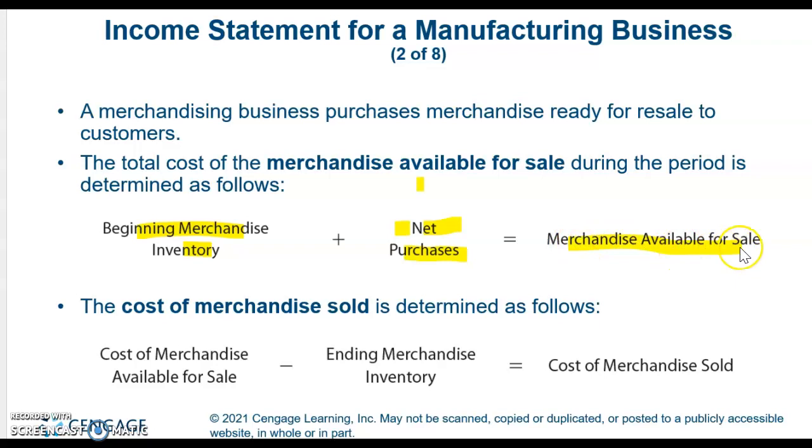And that's going to give us the merchandise that's available for sale. But the cost of merchandise sold is going to be, you take all the costs of your merchandise available, subtract out what's still there, and that's going to give you your cost of merchandise sold.